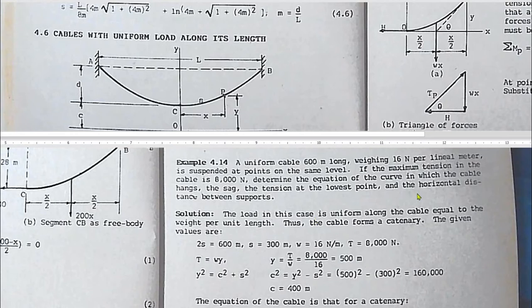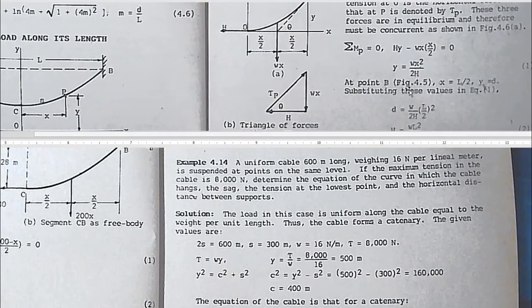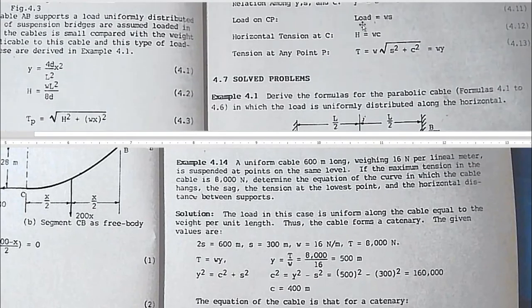And then, horizontal distance between points. Yan yung capital L from A to B. Then, the tension at the lowest point. Or that is yung ating H, capital H. Okay?